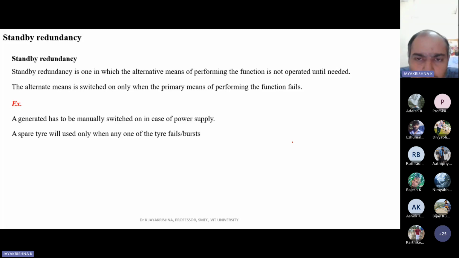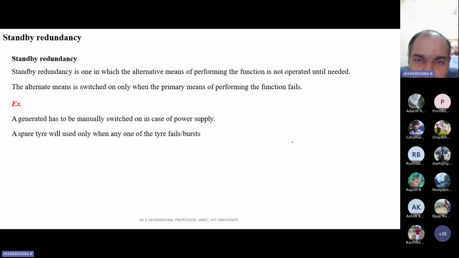Right? Say for example, there are two systems. One system will be continuously functioning. There's a primary system and there's a secondary system. The secondary system is what I call a standby system. Try to understand, there are two systems. One is the primary, another one is called the secondary. The secondary is also known as the standby system.